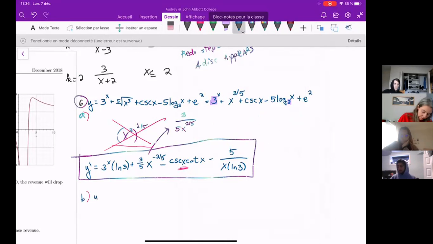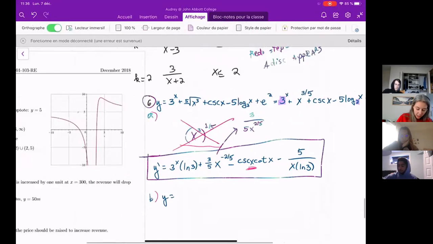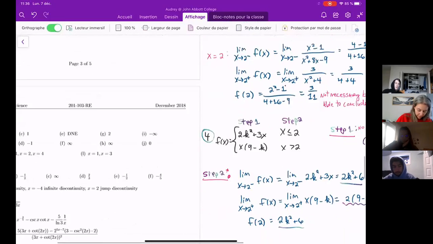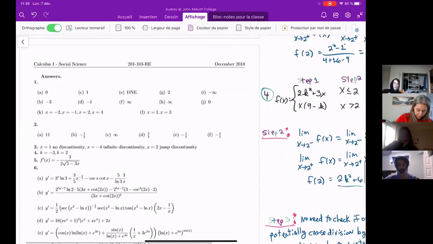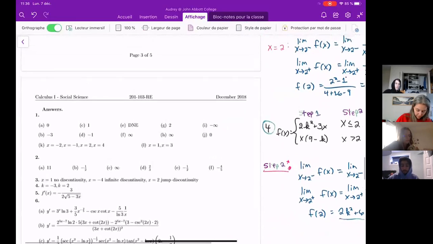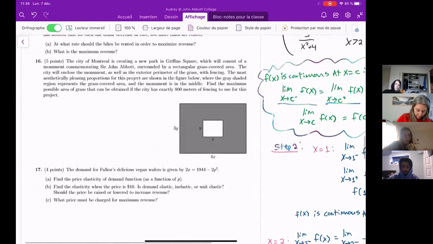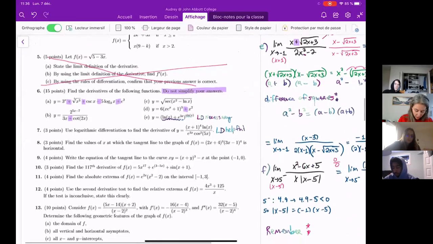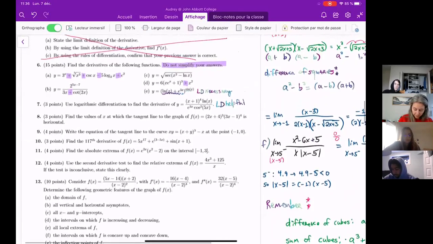Then let's do B. So my y is equal to 2 to the 5x minus 7 over 3x plus cotangent 2x.